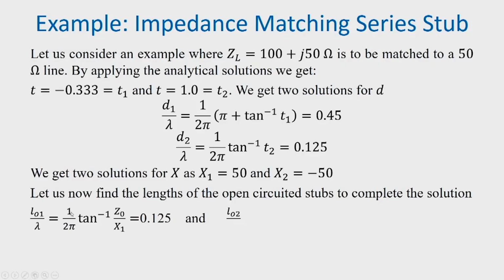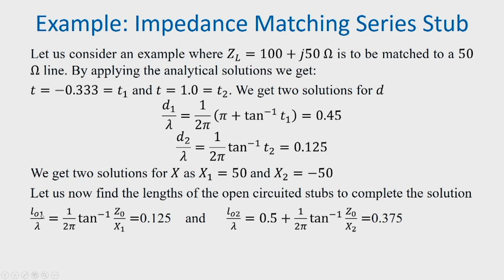So, we can calculate the values for the length of open circuited stubs, and we call it L O1 by lambda is equal to 1 by 2 pi tan inverse Z naught by x 1, and this x 1 is 50. So, it becomes tan inverse 1, and therefore, it is pi by 4.